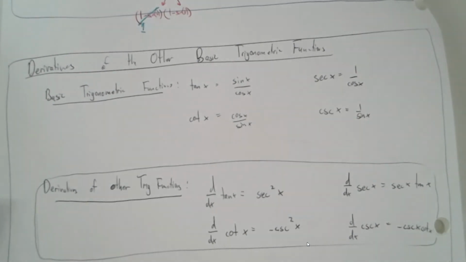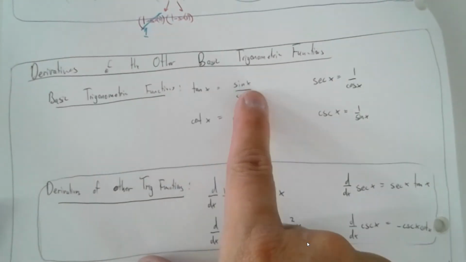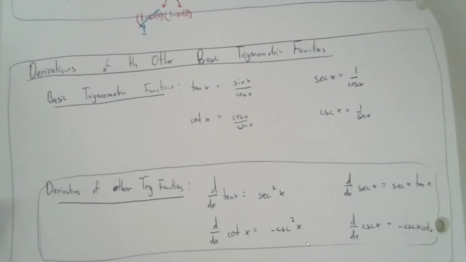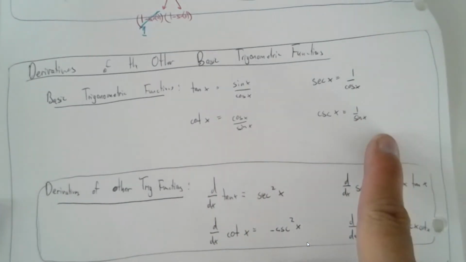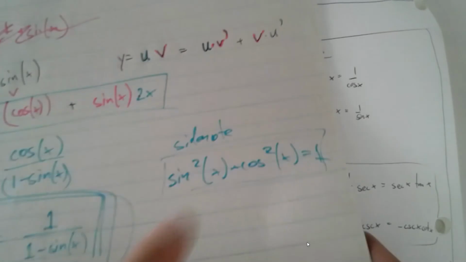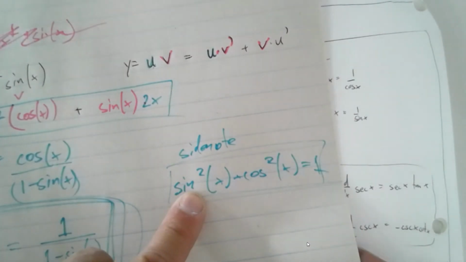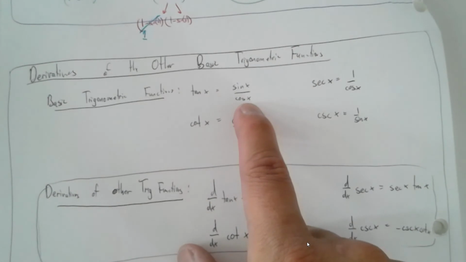All right. These are reminders about what those are. Tangent is another way of saying sine of x divided by cosine of x. Hint, hint. If I write these out explicitly, you might have to use those properties. In the same way, sine squared of x plus cosine squared of x is equal to 1. You might use these facts that you know of.